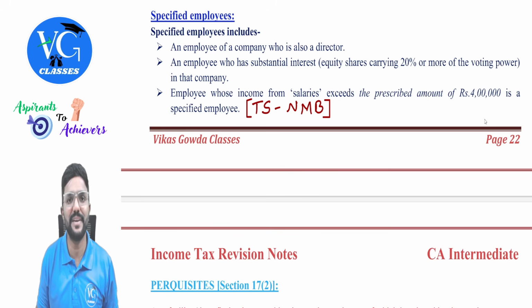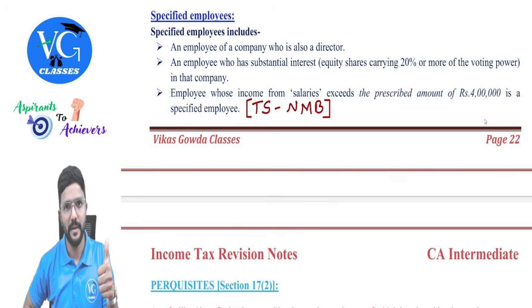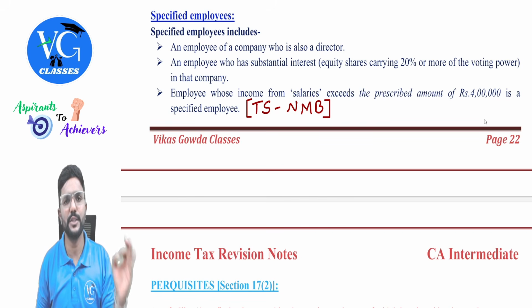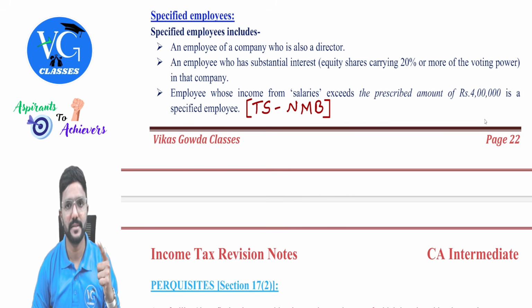In such case, will it be taxable under salary? No, guys. Whatever salary the partner is receiving from the partnership firm will be taxable under PGBP. And whatever salary the MPs and MLAs are receiving, they are not employees of the government. They're just representing the constituency from where they are elected. So whatever they are receiving will be taxable under the head other sources.